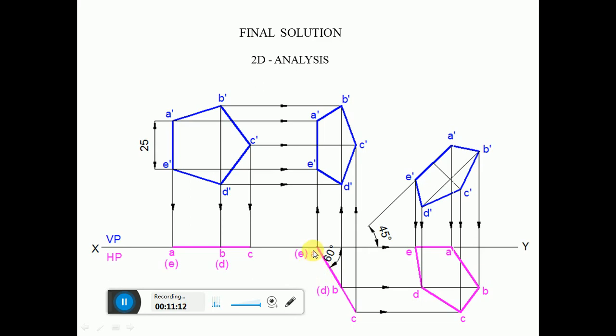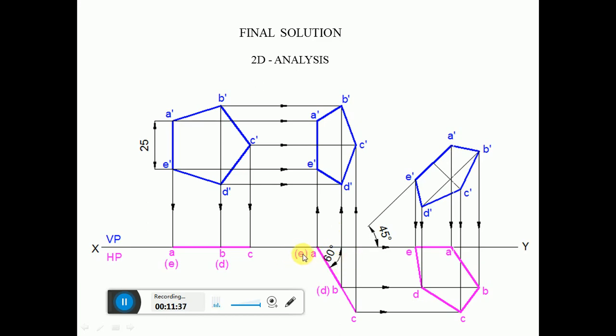Now, the side which is resting on VP has to be inclined at 45 degrees to HP. First we check whether it is a true inclination or an apparent inclination. Since the side is inclined to HP at 45 degrees, he has given the true inclination. And now we need to check whether the side which is resting on VP is in true length or not.